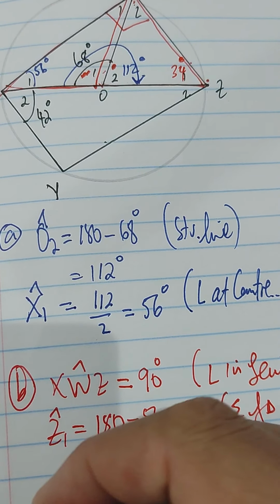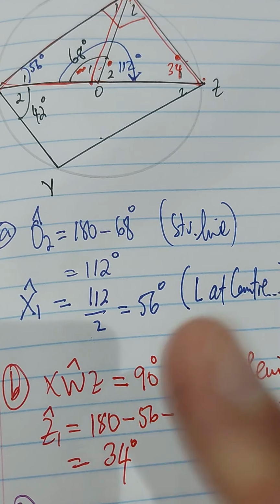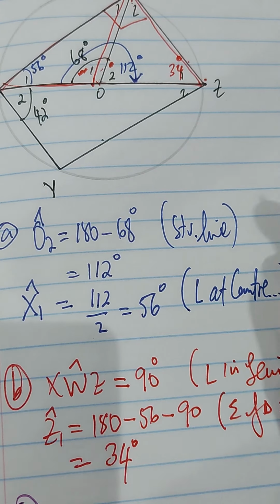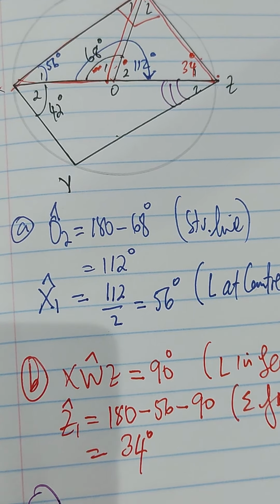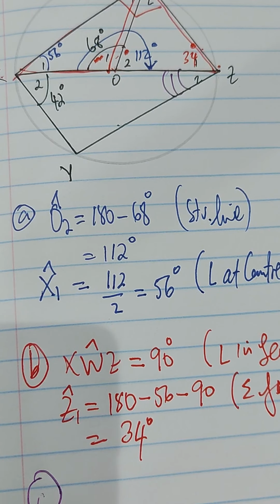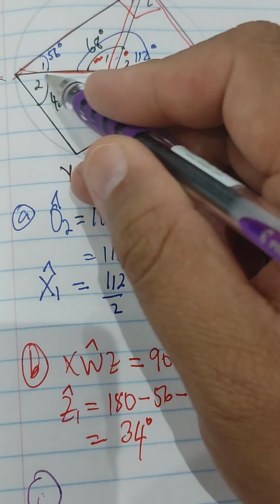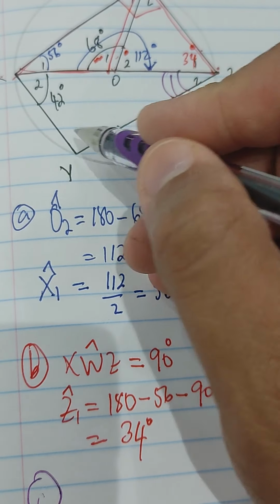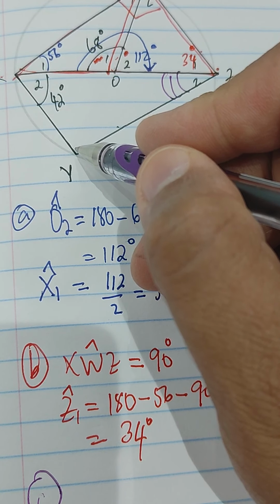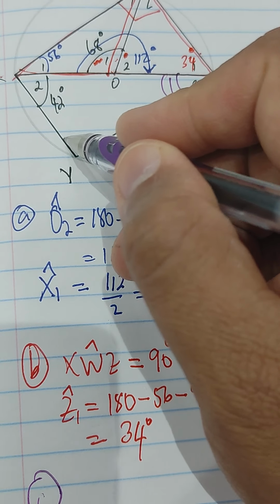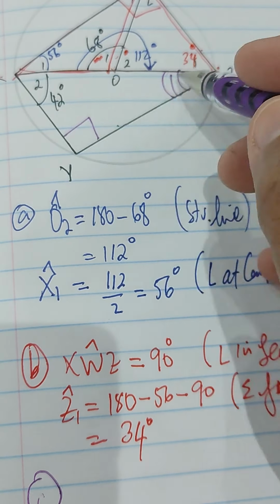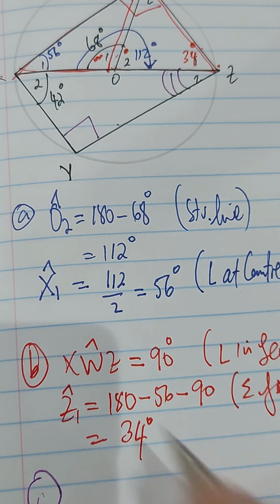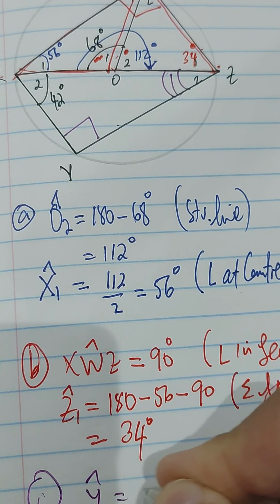Let's look at C. In C, they want you to work out Z2, which is this angle here. So for Z2, I need to go with sum of triangles. But we're missing angle Y, and we know that angle Y is 90 degrees. Why? Angle in semicircle. So firstly, angle Y is equal to 90 degrees.